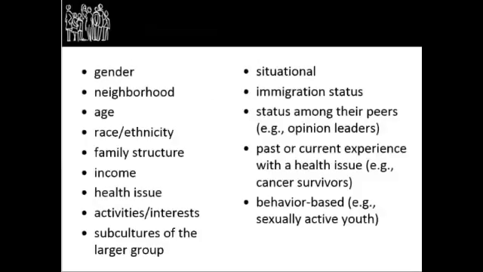And she continued on to talk about the ways in which community health outreach efforts could be more narrow and targeted, paying specific attention to elements like gender, specific neighborhoods, age ranges, race and ethnicity, family structure, income, specific health issues, activities or interests, immigration status, and much, much more.